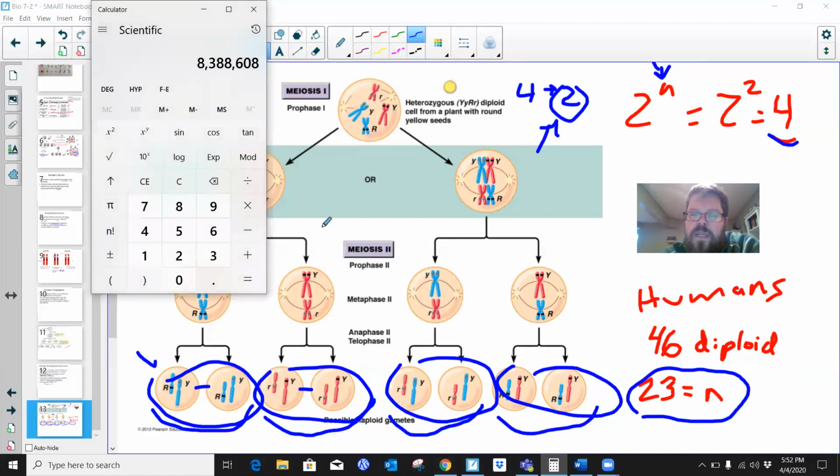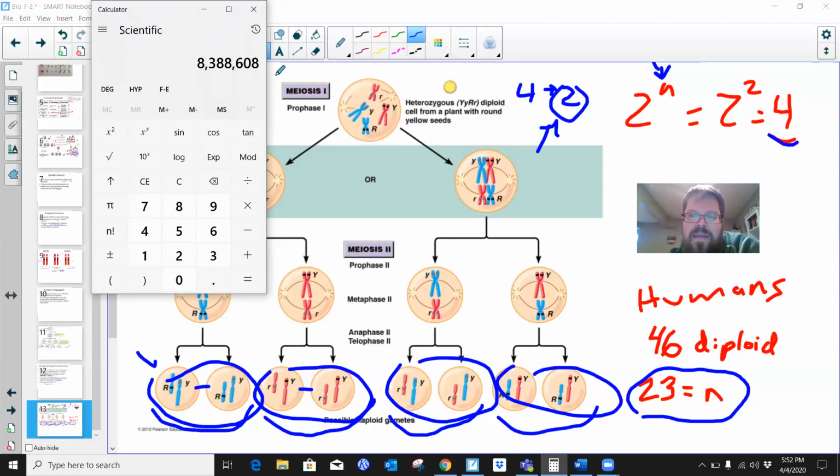In addition, you learned in meiosis last week about crossing over and recombination. So it's doubly this sort of shuffling of the deck concept. There are nearly 8.4 million possible combinations that could result in sex cells produced by your parents that ultimately resulted in you.